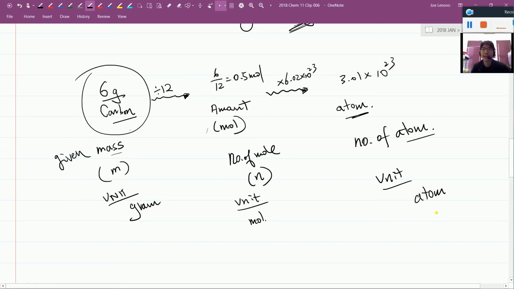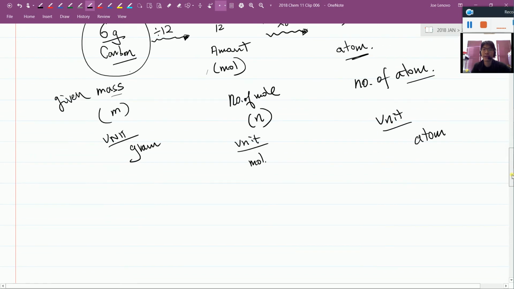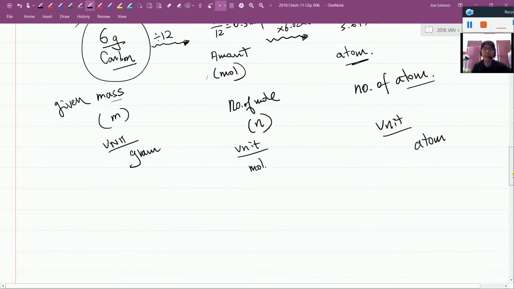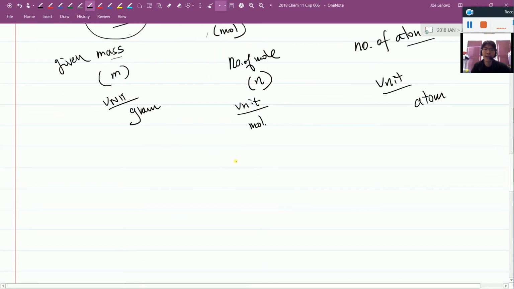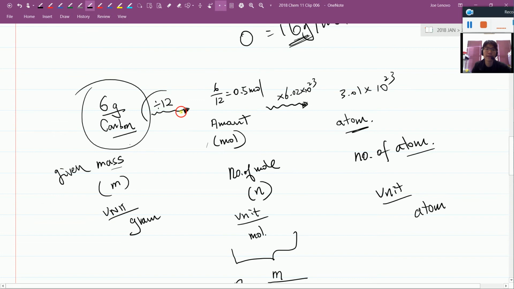Now, if we have all this, what you are able to see is that the number of mole can be calculated from the mass given with the molar mass. As the molar mass is 12 here, coming from the RAM of the periodic table.